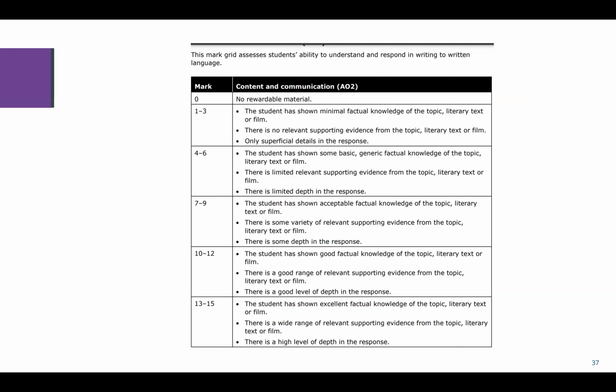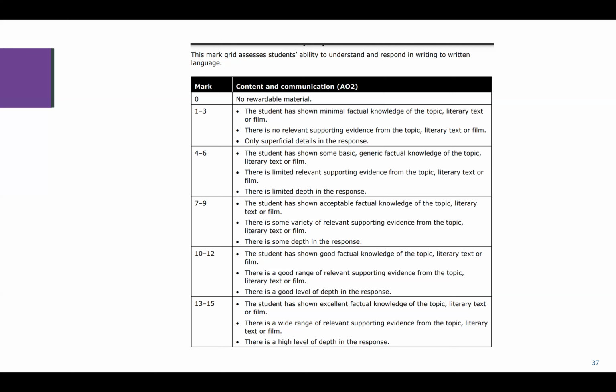So if you look at the first line of each of the grid, it's to do with the factual knowledge. To what extent have they shown, whether it's the topic, whether it's the film, whether it's the literary text, a good factual knowledge. So the content is quite good, and they've also been able to use some stuff from the text or the film, whatever, to support.